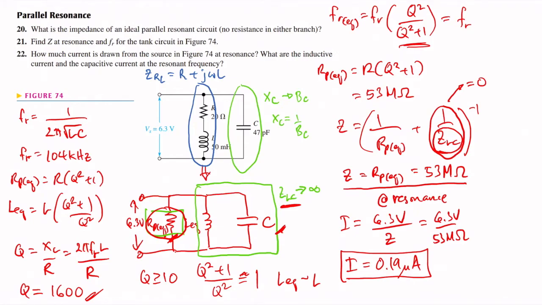And once we know the impedance across RL, we can get the admittance across RL, which is nothing but the reciprocal of this impedance. So XC is equal to 1 over ωC, where ω is equal to 2πFR. We're just talking at resonance here.